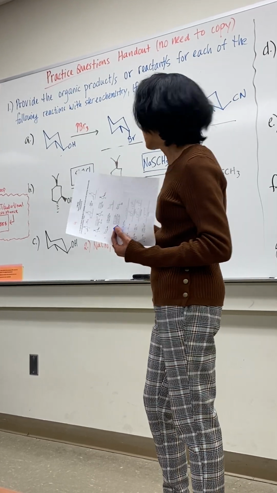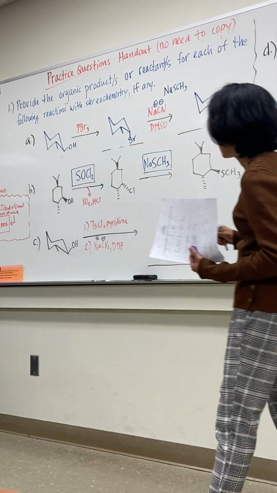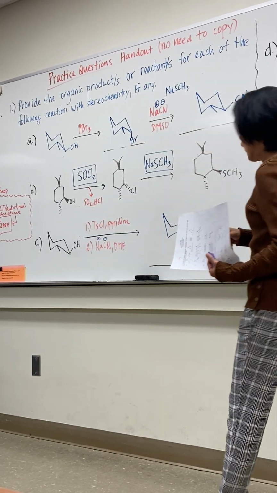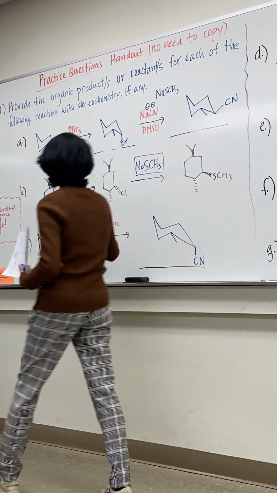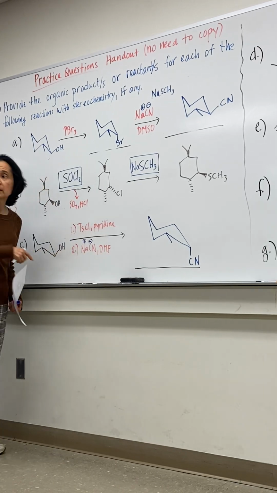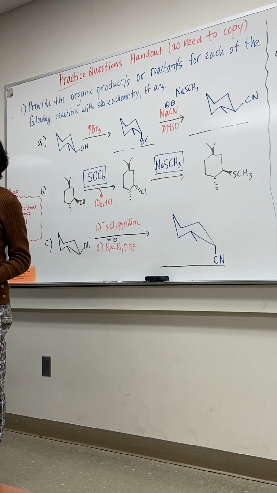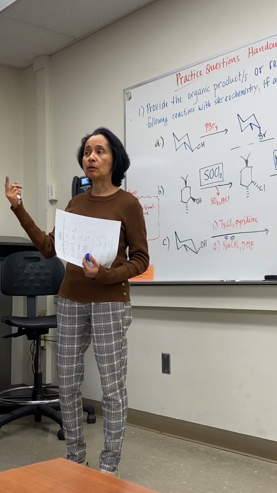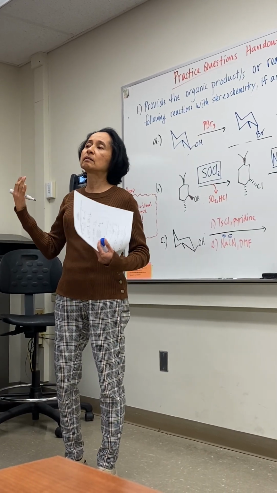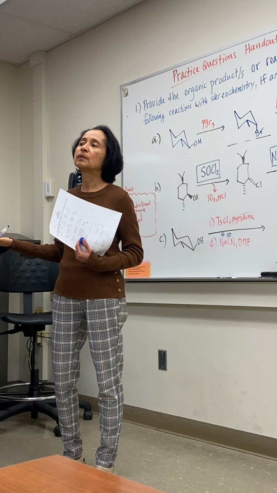Part C, why is it going down instead of in the same direction? Because in this one, remember the OH cannot leave as OH minus because it's basic, so it's not a good leaving group.